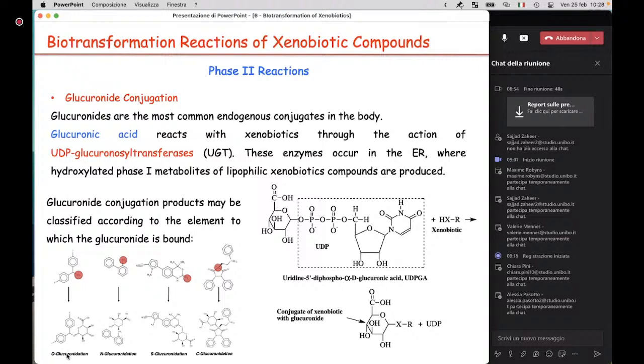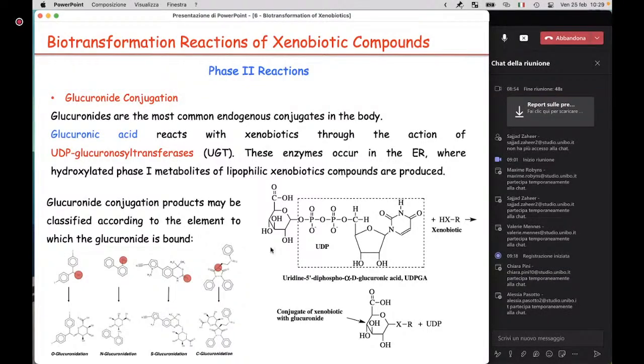It means that the glucuronidation happens on an oxygen atom, or on a nitrogen atom here, you can see, or on a sulfur atom, or also on a carbon atom. So glucuronidation can happen on mostly any atom in the molecule, but the most important one is surely O-glucuronidation, on the oxygen atoms of compounds.